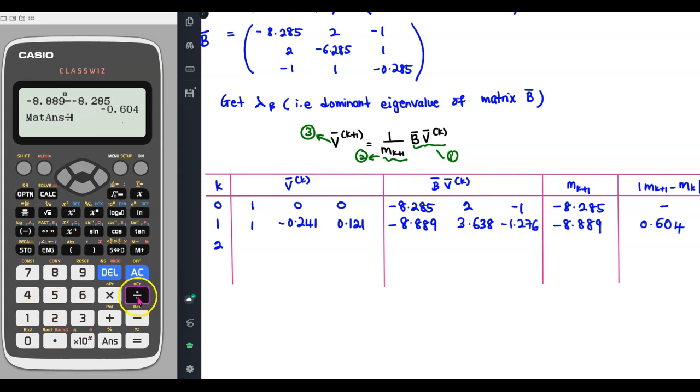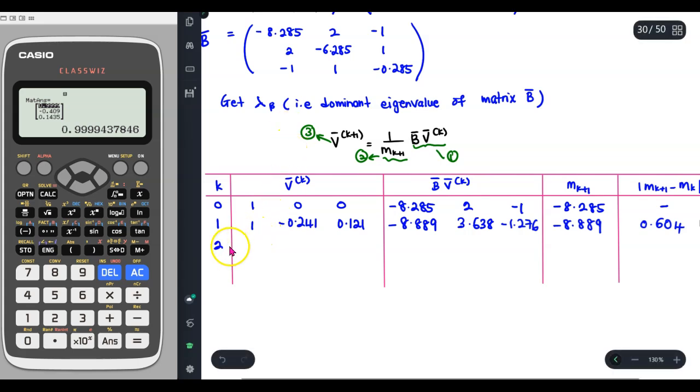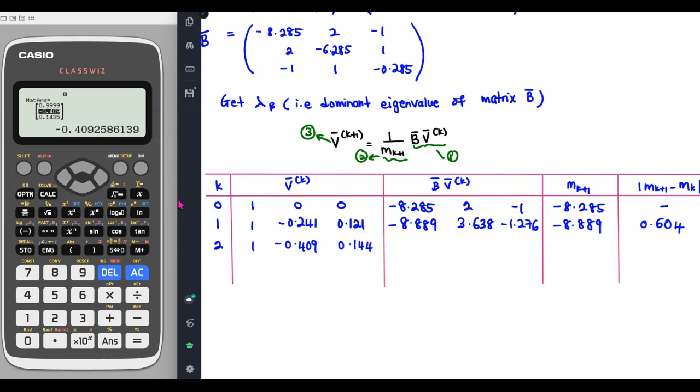So number 1 divided with negative 8.889. Okay, so you have a new math answer corresponding to the V at k equals 2. So you have 1 in 3 decimals, and then you have negative 0.409, and then you have 0.144. All right, so that is one complete iteration, basically iteration number 2.